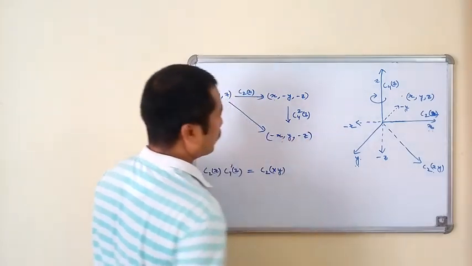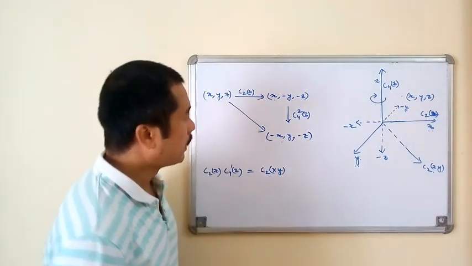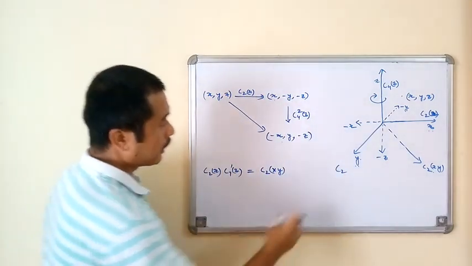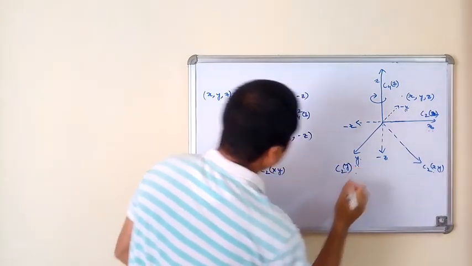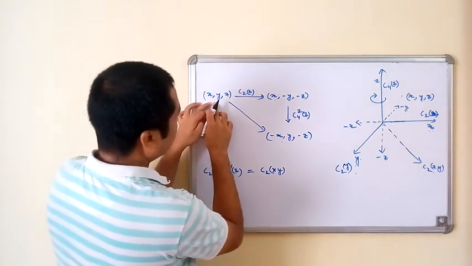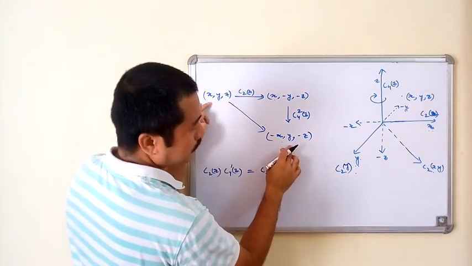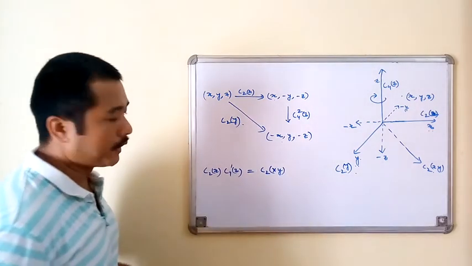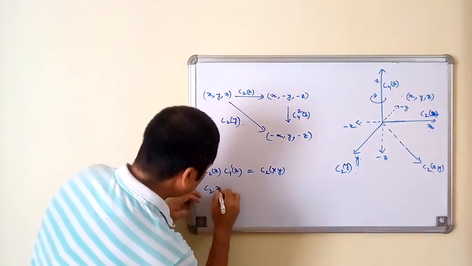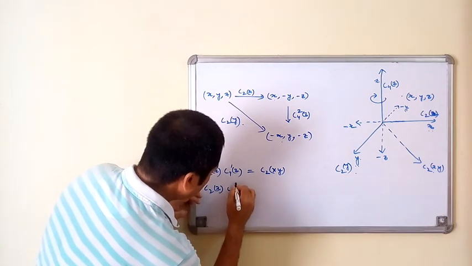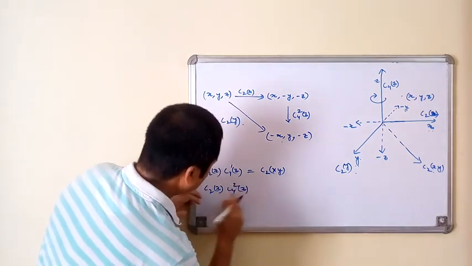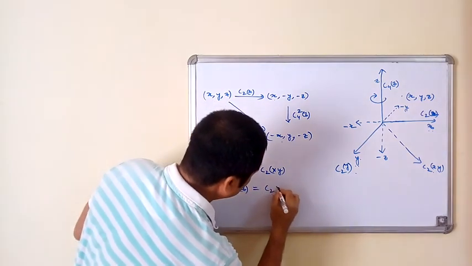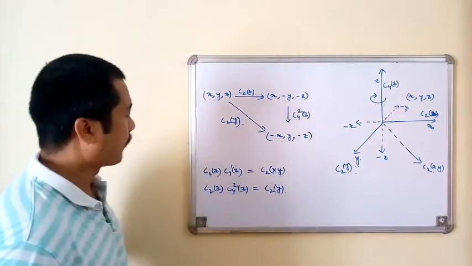And if you notice carefully, if you consider a C2 axis of symmetry along the y-axis, then you can come directly from this initial coordinate to this final coordinate by doing the C2y operation. So that means the combination of C2x and C4^2 is equal to C2y.